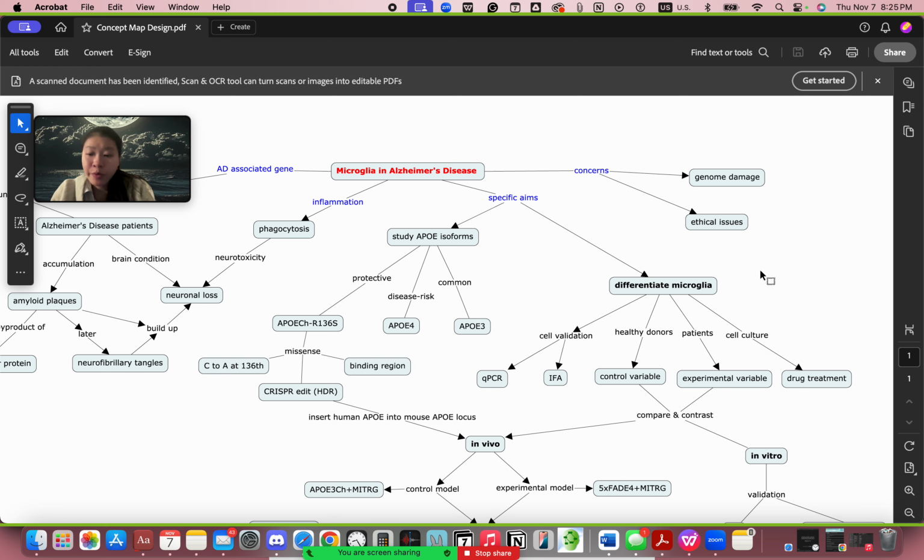ApoE3 is the most common isoform of ApoE, and it's associated with a neutral risk for late onset Alzheimer's disease, while ApoE4 is linked to early onset Alzheimer's disease.